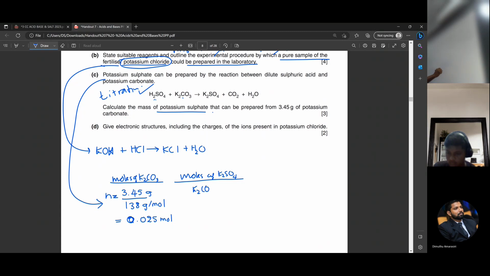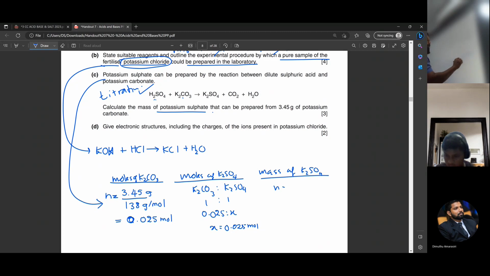Potassium sulfate, the ratio is 1:1. So this is 0.025, x is 0.025 moles. Now we find the mass of potassium sulfate.